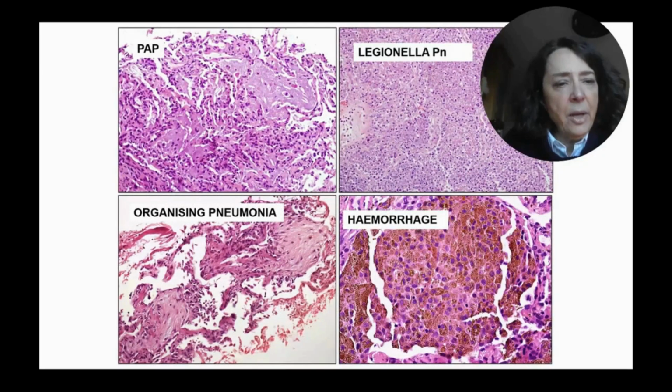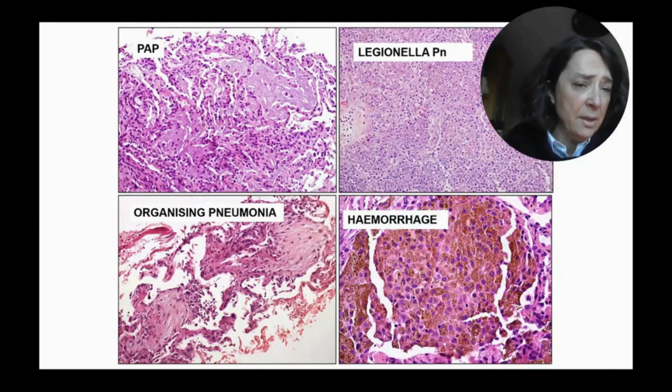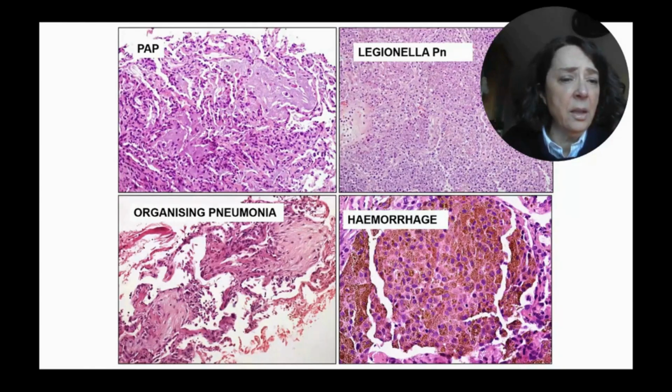So the upper left, this is a cryobiopsy from a transplanted patient, and this is one of the secondary PAP, pulmonary alveolar proteinosis. This patient had the biopsy taken, diagnosed straightforwardly, and was cleared with the lavage, and it was really a very, very successful multidisciplinary teamwork.